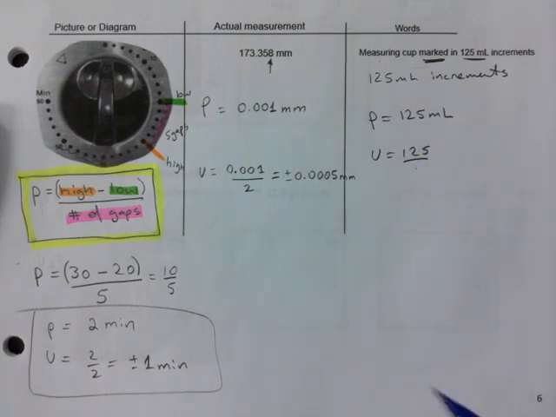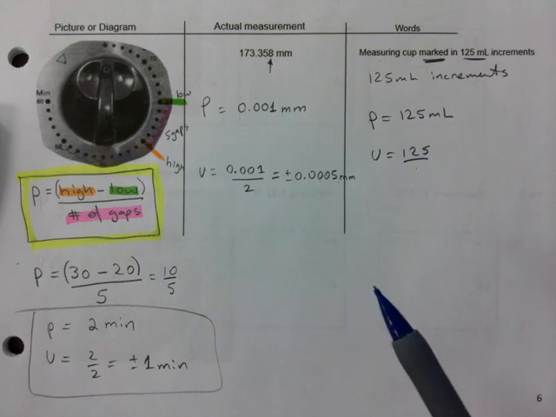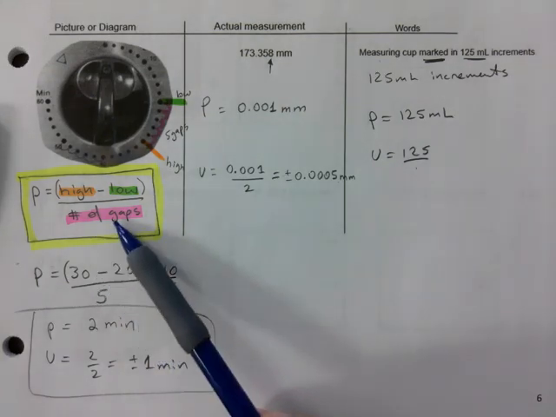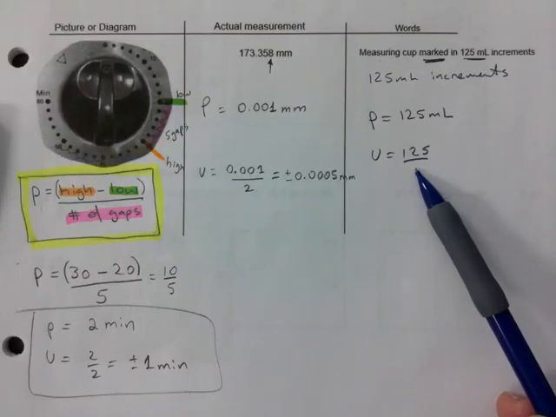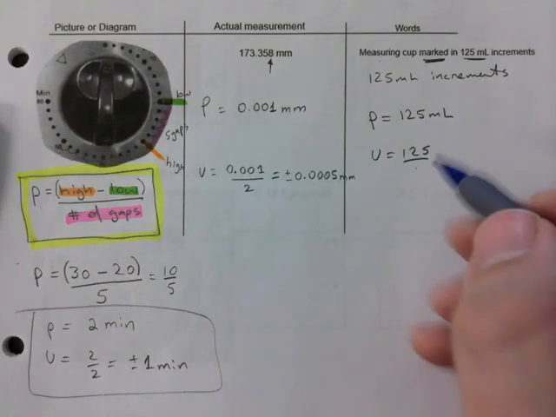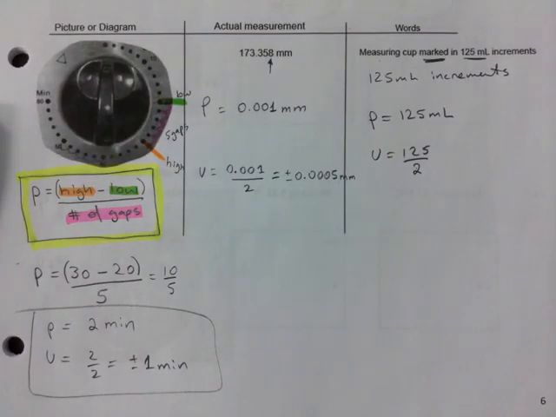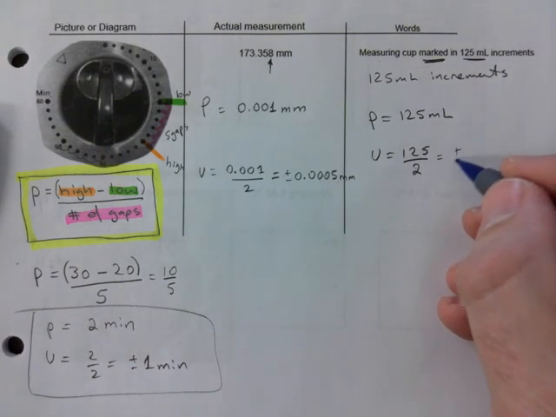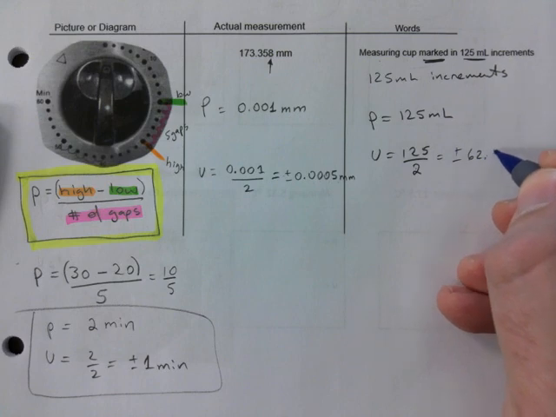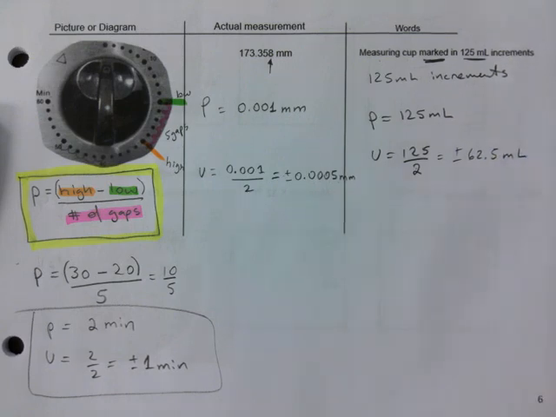Some of you are going to make your study sheet. I hope it's not you. You're going to be like, oh yeah, I'm going to write down this example. It's 5, so let's divide it by 5. Right? No, uncertainty is always half. It's always half of your precision. Okay, and that is what? Plus or minus 62.5 milliliters in this case.